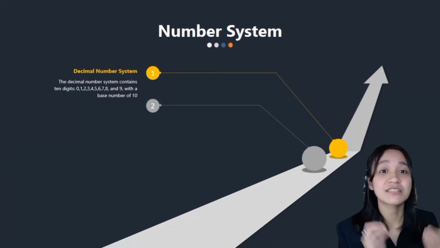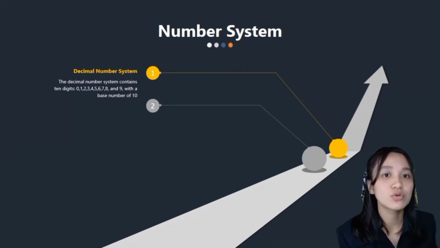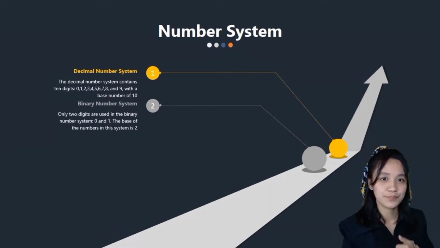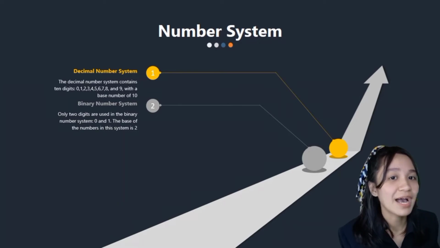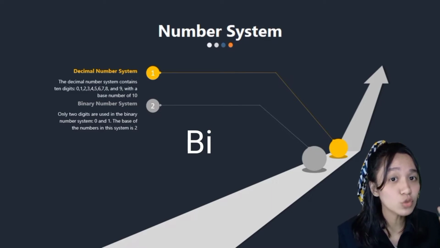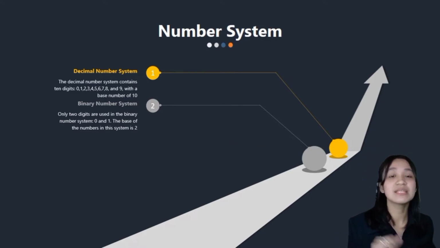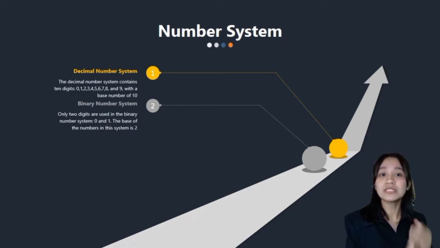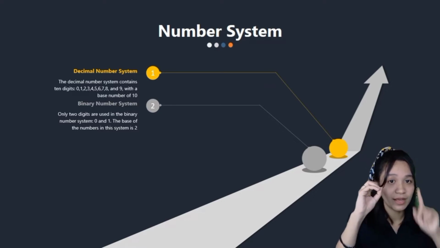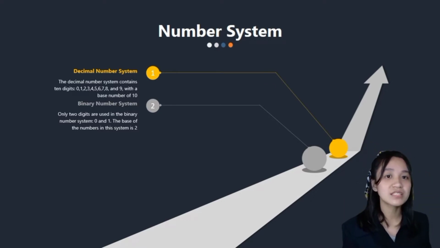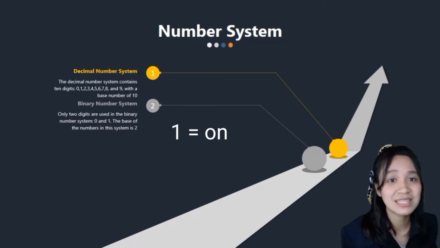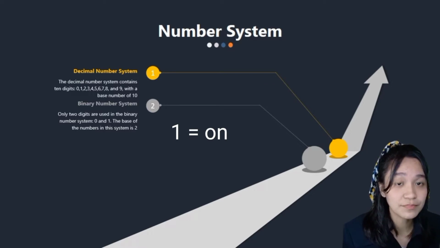The next one is our topic for today, and you need to be familiar with this, the binary number system. When you hear the prefix bi, what do you think of? Bi means 2. So the binary system is a base 2 system. Only 2 digits are used in the binary number system, namely 0 and 1. In a typical digital computer, 0 means off, and 1 means the system is in the on state.